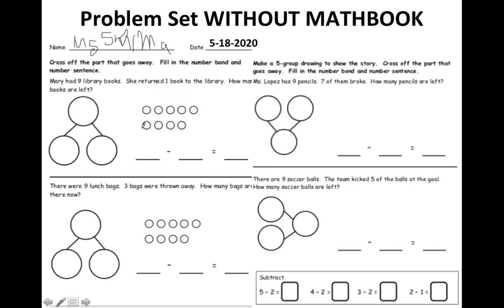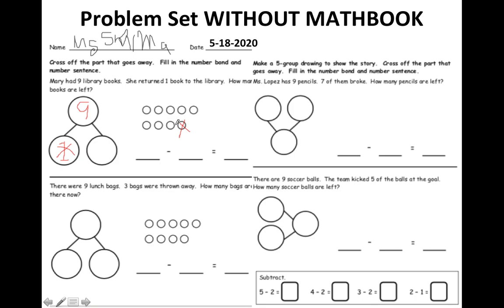So I know that I have a total of 9 books. I'm going to cross off 1 to show that she returned it, right? That's what it says. So now I know the whole is 9. And since she gave 1 away, I know 1 is already one of the parts, and I'm going to cross it off to show that it's 1 that she returned.